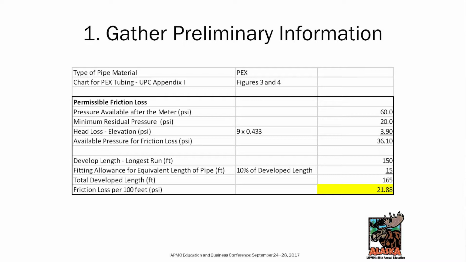Here we are identifying PEX material. We can use Appendix I, figures 3 and 4 for our charts for PEX piping. And then some preliminary information that helps us estimate what the friction loss per 100 feet is. In this case, approximately 22 psi.